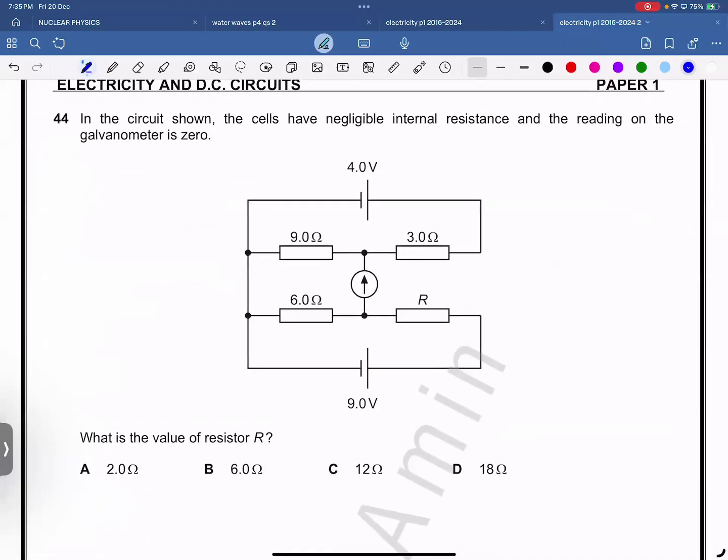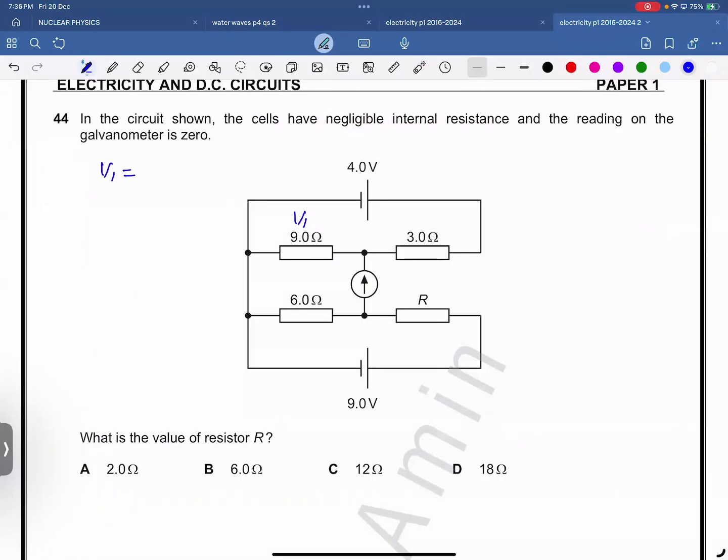This is a good question, my dear. Let's see what this question is about. In the circuit shown, the cells have negligible internal resistance. The reading is 0. Zero reading, actually, I taught you as a null condition. So null condition means voltage up is equal to voltage down. Okay, let's start this way. Let's find the voltage up.